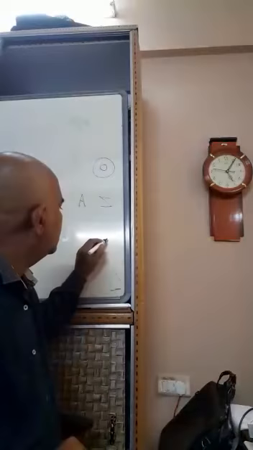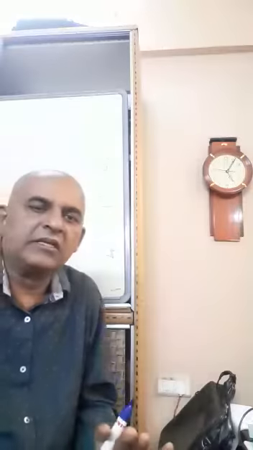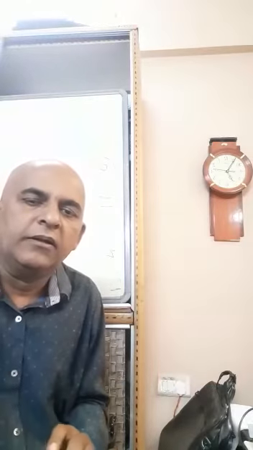Any atom is represented like this: X with Z and A. Any atom X has atomic number Z and mass number A. Atomic number is the number of protons inside the nucleus or the number of electrons revolving around the nucleus.